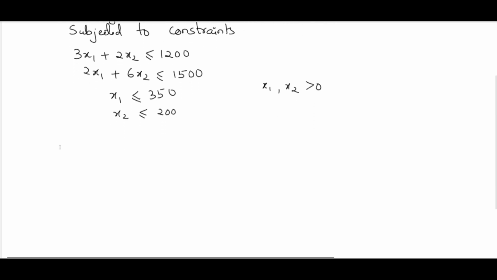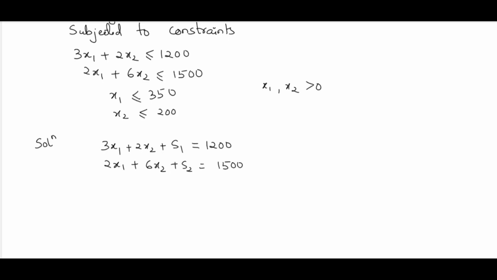Then the first step, as I have already told you, is that we have to convert all the inequations into equations. So how can we convert? We add slack variables s1, s2, s3, s4, so that the inequation becomes an equation: 3x1 plus 2x2 plus s1 is equal to 1200. Similarly, 2x1 plus 6x2 plus s2 is equal to 1500.